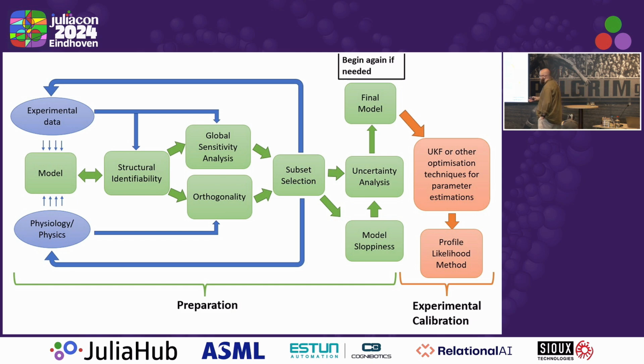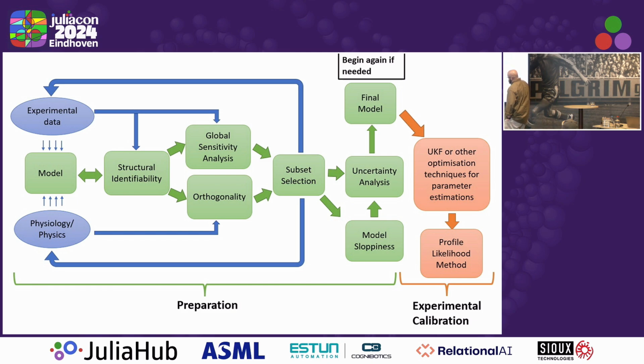However, when it comes to actual calibration of the model with the experimental data, there's a mismatch, because what may be available in clinic is not what people have done the subset reduction on as well. So it's about saying, okay, can we combine both the experimental stage and this preparation to create a complete whole model?